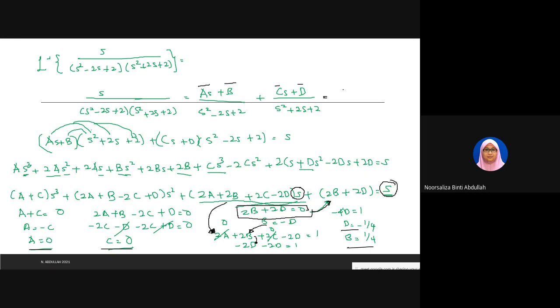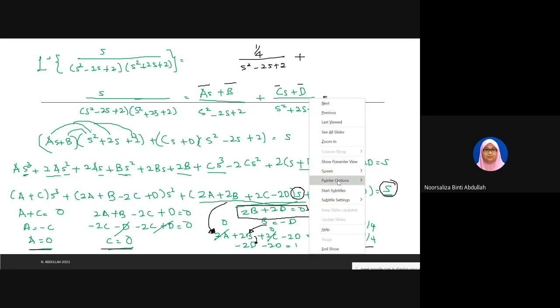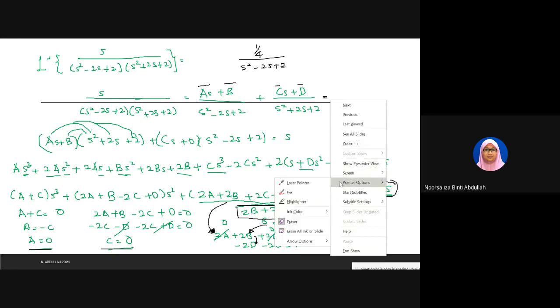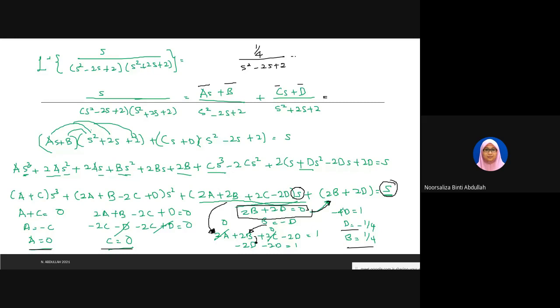B is 1/4, so you have here is 1/4 S square minus 2S plus 2 plus C0, D minus 1/4, so sini tukar jadi minus. So sini jadi minus 1/4 S square plus 2S plus 2. Okay, so kita akan pakai this one untuk dapatkan dia punya inverse.